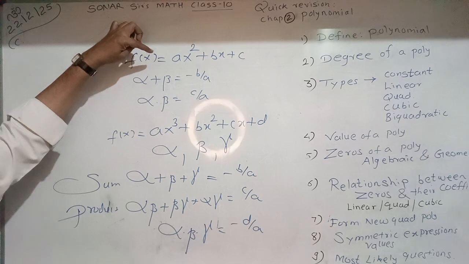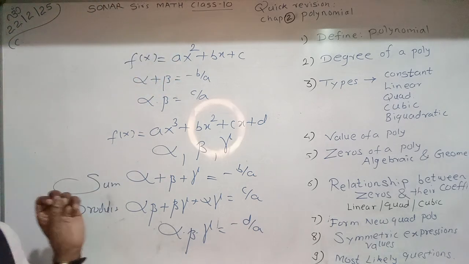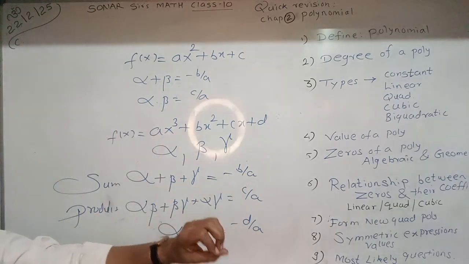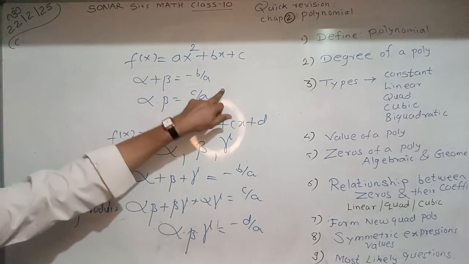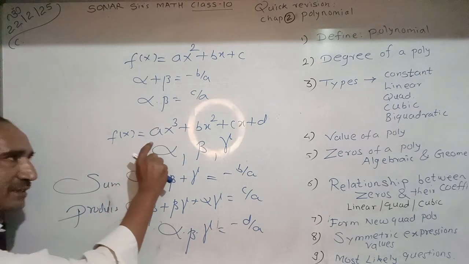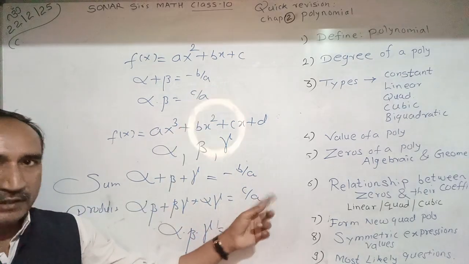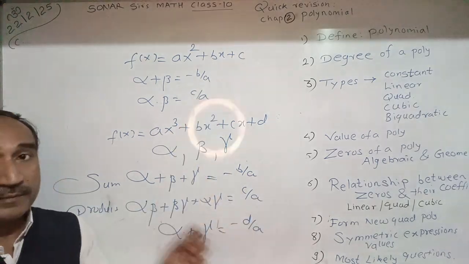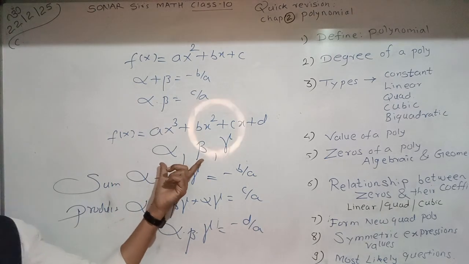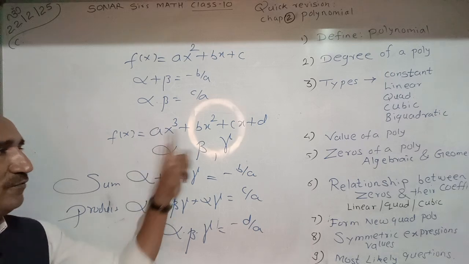You only have to remember the relationship between the zeros of a quadratic polynomial. What is the relationship between the zeros of a quadratic polynomial? Their sum is minus b upon a and their product is c upon a. In the same way, if we represent the cubic polynomial, the sum of the zeros is minus b upon a, the product is c upon a. But for the product, we have to take two zeros at a time: alpha beta, beta gamma, alpha gamma.